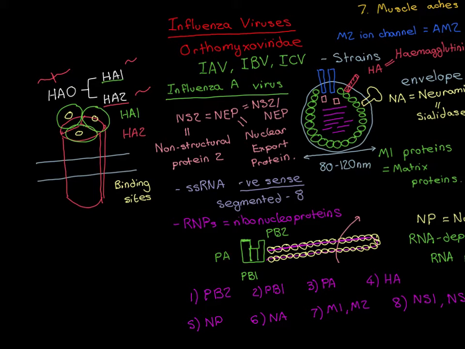Instead, it's a tetramer of neuraminidase polypeptides. It's slightly more simple though, because we're not going to cleave the neuraminidase polypeptide into 2 bits. So, viral genome segment number 6 codes for the neuraminidase polypeptide. You need to make 4 of them and then bind them together, tetramerize them to make a neuraminidase protein complex, which is going to be what these things on the surface of the virus particle are.